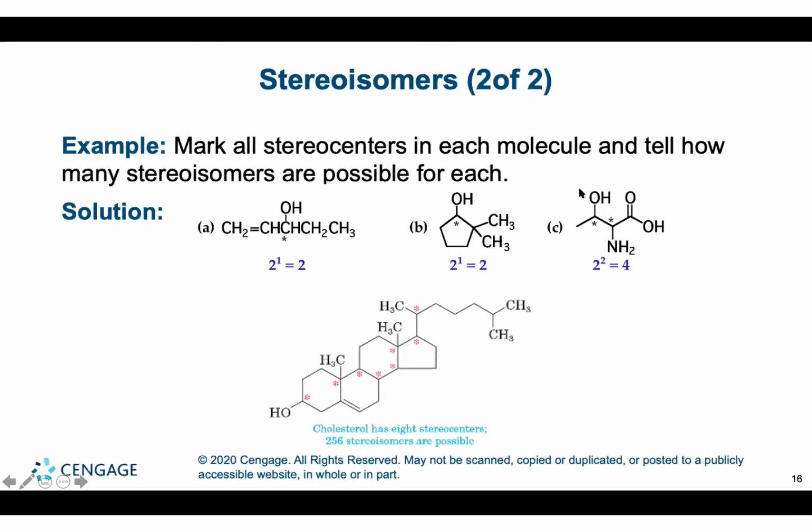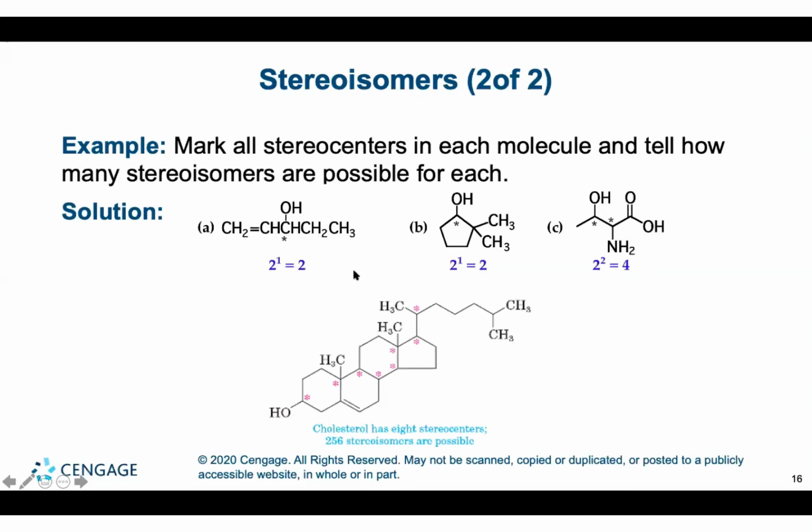This would be another one. Then you're going to have the OH and NH2 on one side. That would be another stereoisomer. Then you're going to have OH and NH2 on the other side together. So it's going to be a maximum total of 4 stereoisomers.